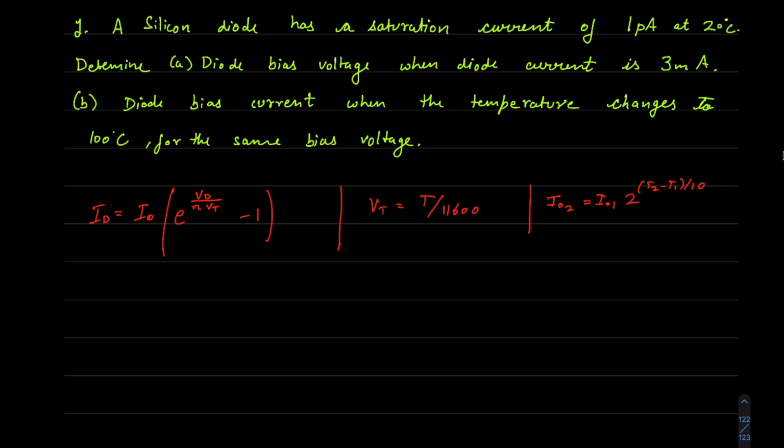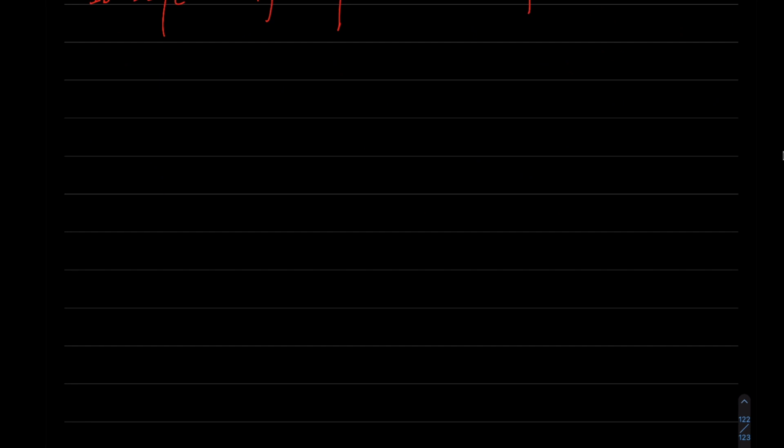So what do you have to do? For the first part, we have been given, so I'll write here answer. We have been given diode current, which is ID equal to 3 milliamps, saturation current, which is 1 into 10 to the power minus 12 ampere, picoampere.